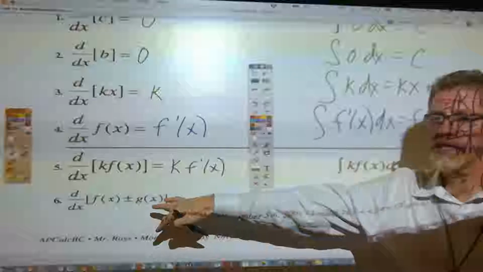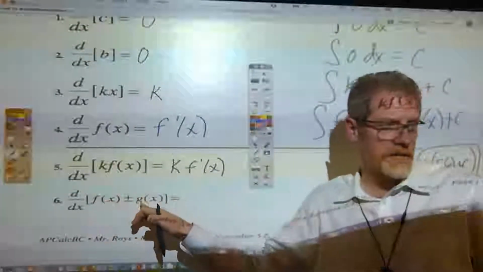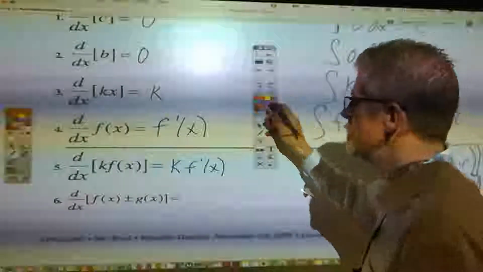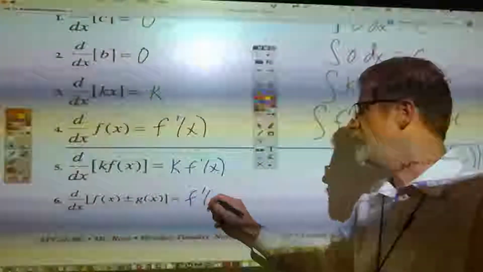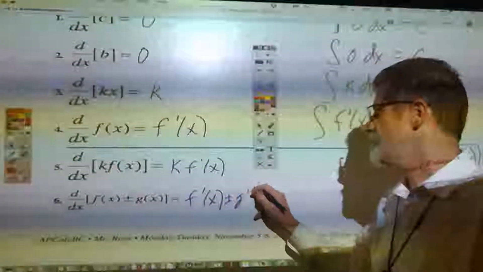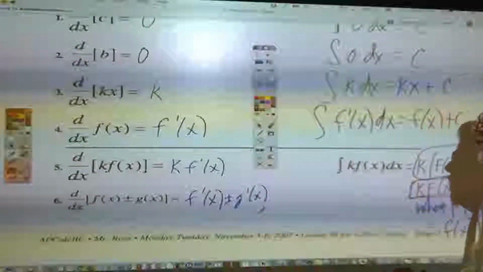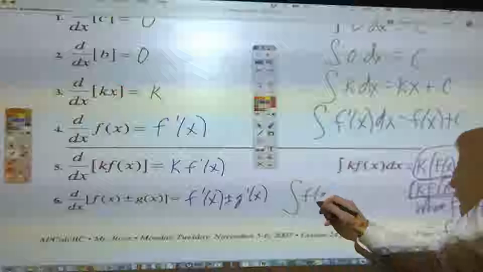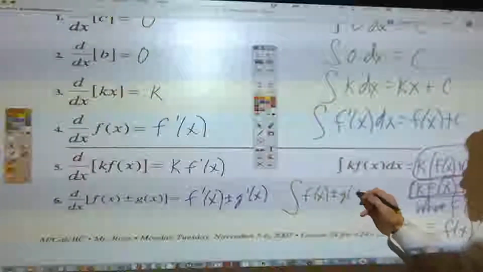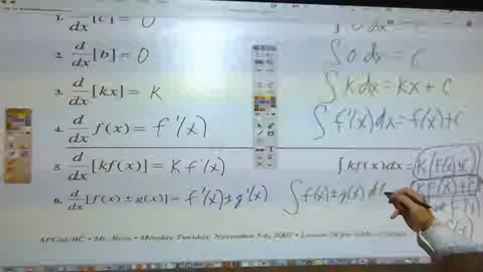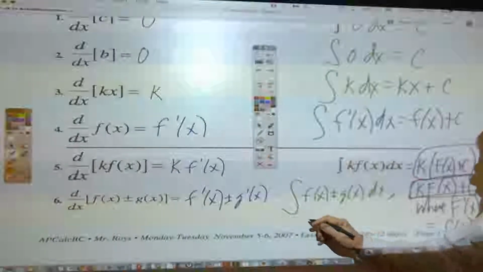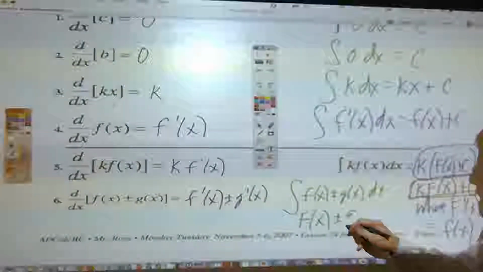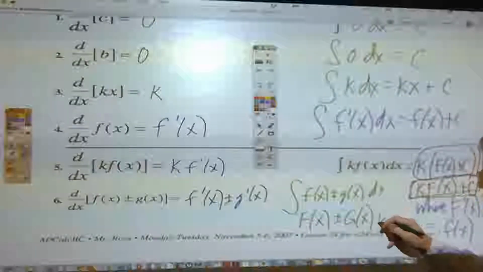Now, happily, the derivative of a sum is the sum of the derivatives. Same thing for antiderivatives. Good news here. This is going to be f prime of x plus or minus g prime of x. If you want to take the antiderivative of f of x plus or minus g of x dx, the answer is just capital F of x plus or minus capital G of x plus a constant.